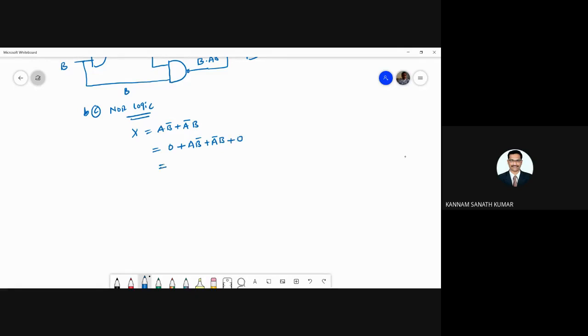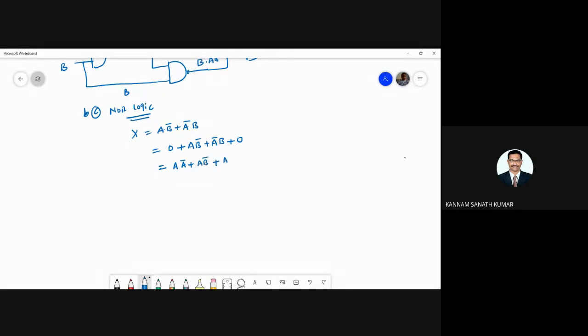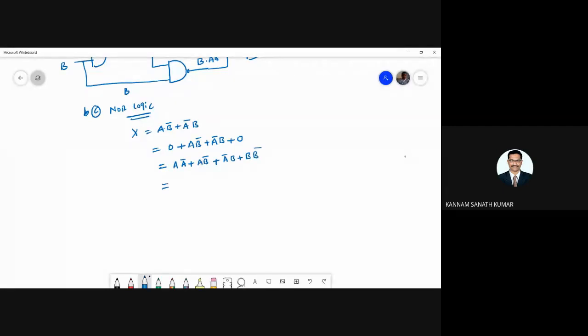This is equal to, you can write A bar plus AB bar plus A bar B plus B bar. So now you can take A common. What you are getting? A bar plus B bar plus B common, A bar plus B bar.